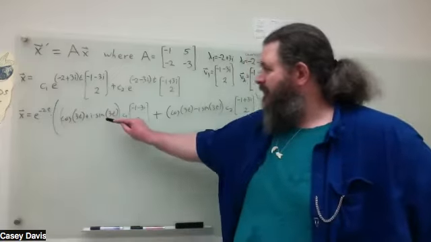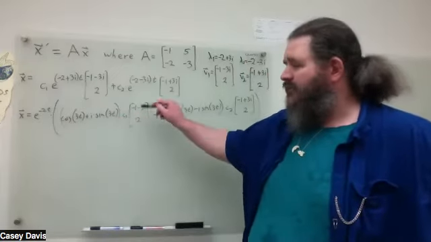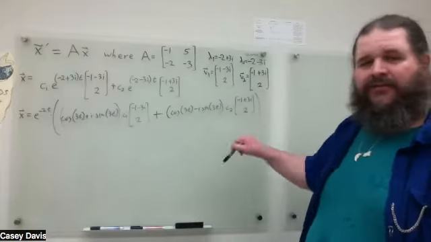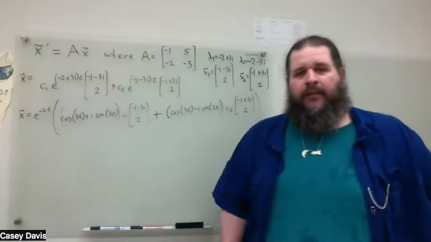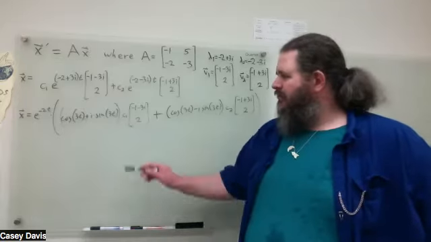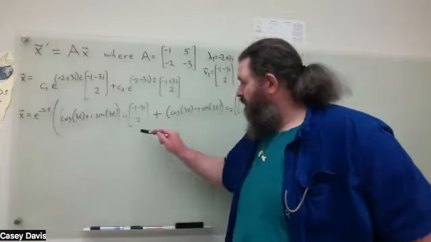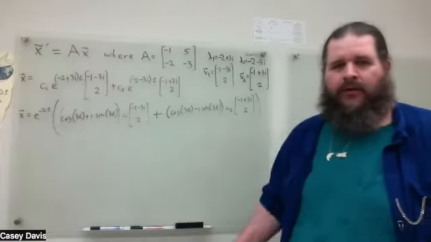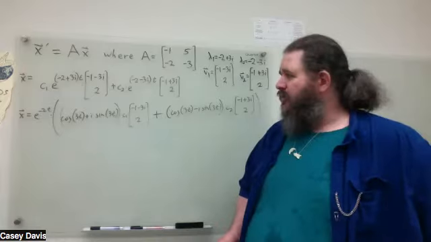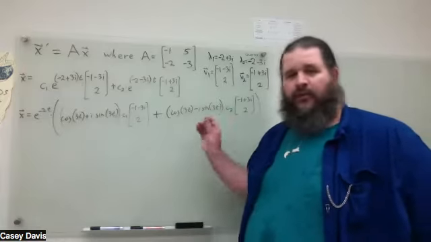That i sine of 3t is multiplied by c1 and this vector, and the negative i sine 3t is multiplied by c2 and this other vector. But we could get some stuff to combine if we multiply this all out, because we ultimately have a vector plus another vector. One way to proceed here, and there are several different ways, is to combine all this into just one big vector.